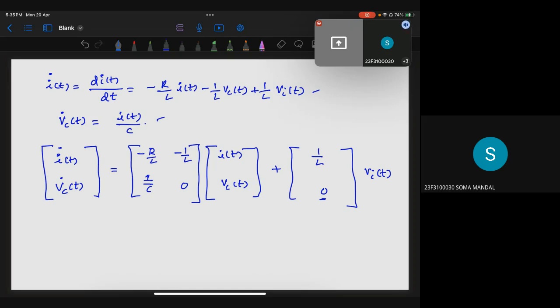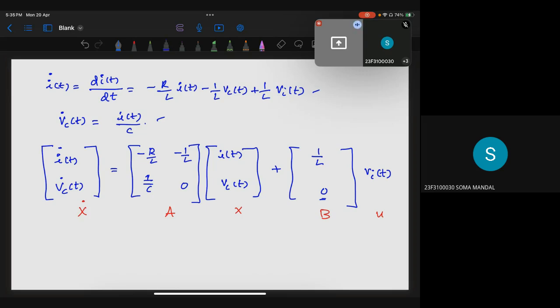For i dot of t, that is 1 by L Vi of t. So you are writing 1 by L in the above. Yes, that's correct. Understood. Multiply it and check it. Yes. So now this is nothing but x dot equals A x plus B u. So those dimensions also will match.